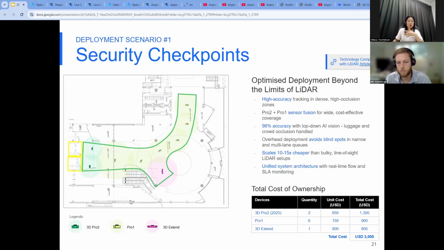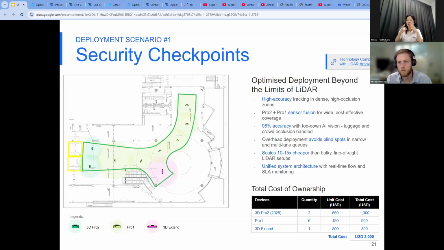Unlike LIDAR, which struggles with occlusion, especially with luggage, trolleys, children, and dividers, our top-down AI vision delivers occlusion-free 99% accuracy. That means every person is reliably tracked through the inflow, the queuing, and the outflow.